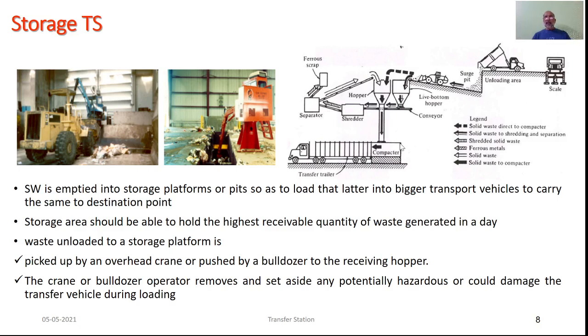Hence, the driver can remove and set aside such material. As you see, this is somewhat a 3-level facility. The collecting transfer trailer is placed at the lowest level. The unloading vehicle is placed at the highest level, whereas that particular pit or storage area is placed at a certain intermediate level.